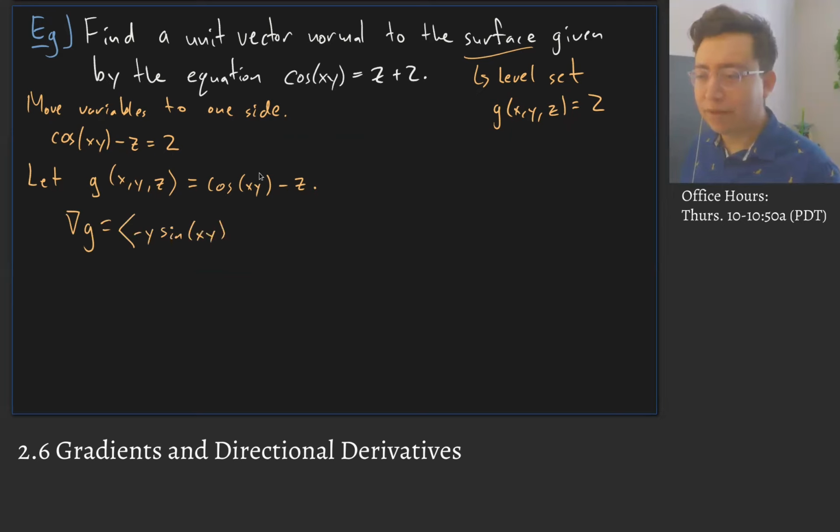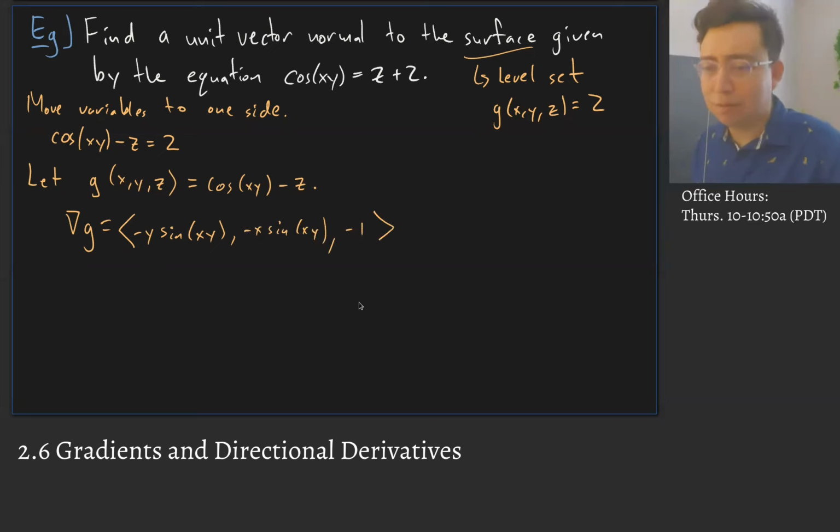I'm taking the derivative with respect to x, you can ignore the z, you treat y as if it's a coefficient on x, and you do a chain rule here. Similarly, when you take the derivative with respect to y, you get negative x sine of xy. And when you take the derivative with respect to z, you just get a -1.